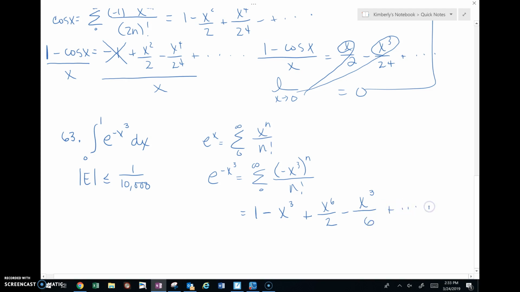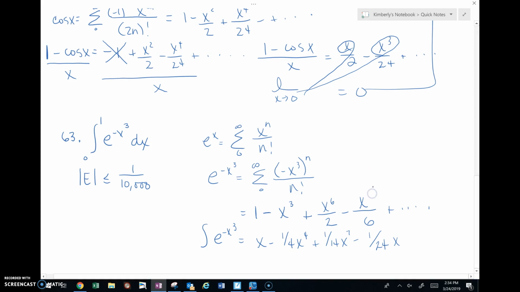Okay? If I integrate those terms, then the integral of e to the negative x cubed is equal to x minus 1/4 x to the 4th plus 1/14 x to the 7th minus 1 over 4 times 6, 24th, x to the, what am I doing here?